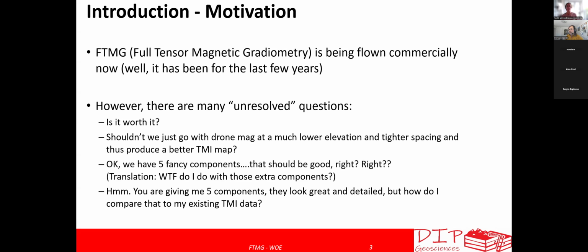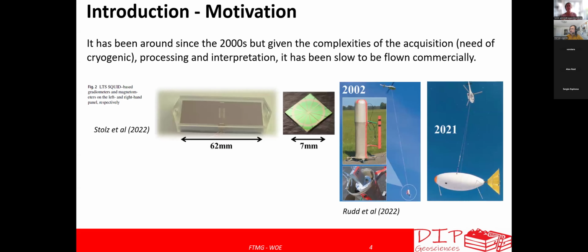Then the other thing is, we have 5 components. What to do about it? What can I do with all those things? The system has been around since the 2000s, and it has been slow to start flying commercially because it's complicated.